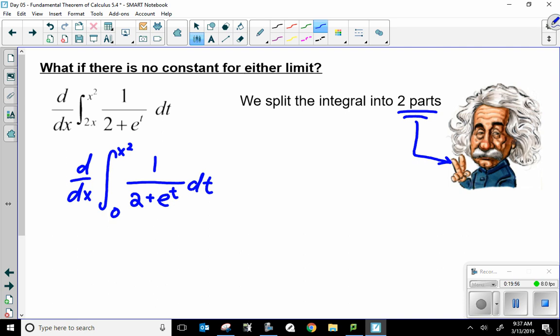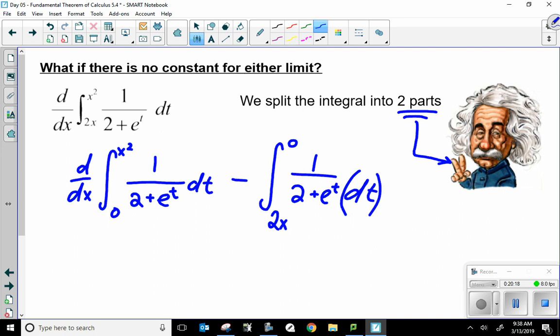And then I take the difference of my lower bound to 0 as well, of the original function or integrand. All right?